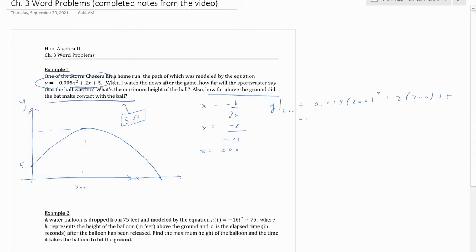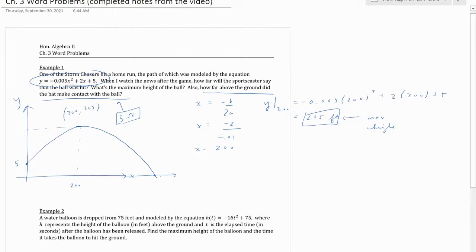So that gets me 205. There's the maximum height, because that's what the vertex is. It would be at 205.